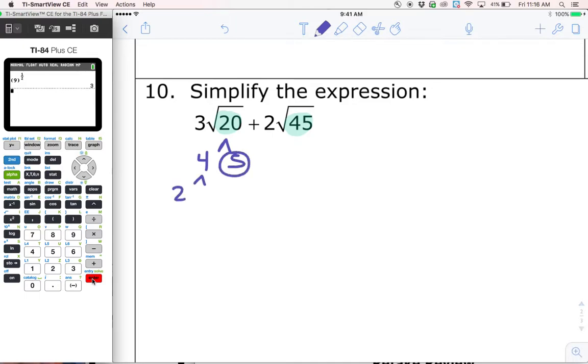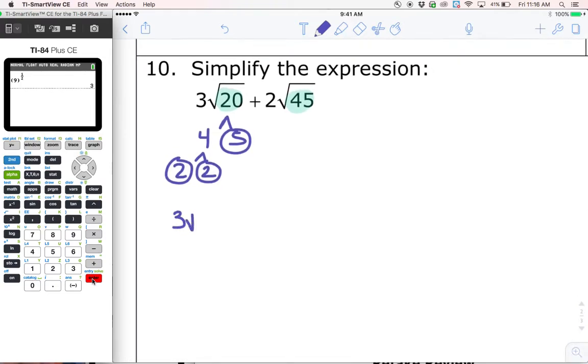Well, 4 is 2 times 2. All right. The 3 was already given to us, and now I've got 2 times 2 times 5 for my prime factorization of 20. Remember, we're looking for pairs here, so I got a 2 outside because I had a pair of 2's on the inside. We just write it once out there, and we're going to multiply those. So we got 6 square root of 5.